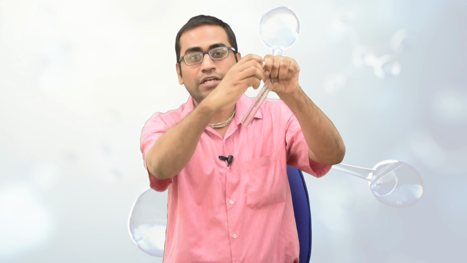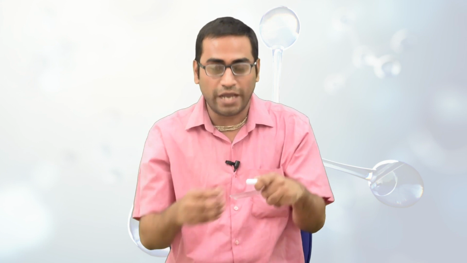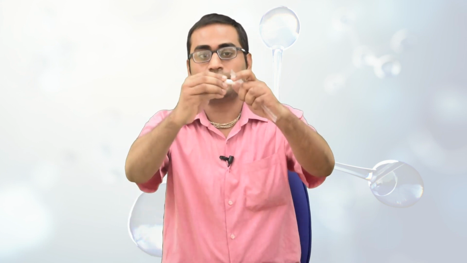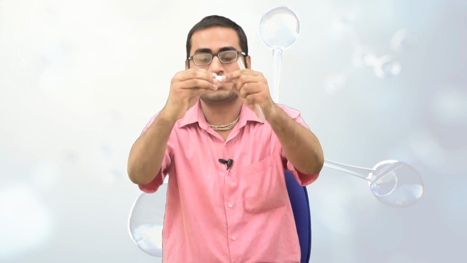If I twist it like this, it breaks because it's a brittle material, but this is the twisting effect. Similarly, in case of my wrist, if I do like this, this is the twisting effect. And for tension and compression, I will show you with this chalk. Tension, you see, I am pulling this like this. This is tension, and when I am pushing like this, this is the compression effect.